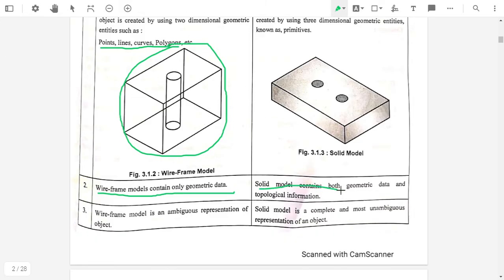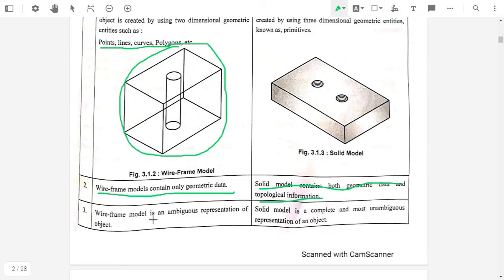A solid model contains both geometrical and topological information. In the next topic we will discuss what is meant by geometry and what is meant by topology, and at that time we will get a clear idea about both.